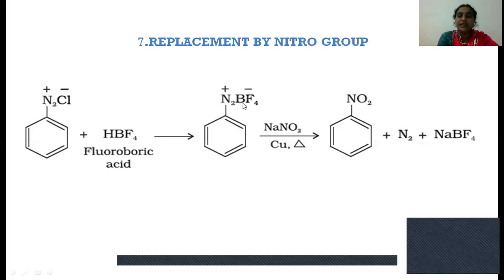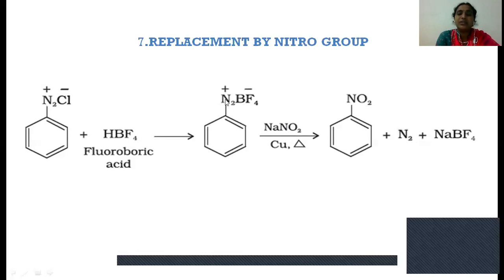This further reacts with sodium nitrite. In sodium nitrite, sodium exists as a plus charge, whereas the nitro group exists as a minus charge. So this NO2 minus group will be substituted by removing this group.